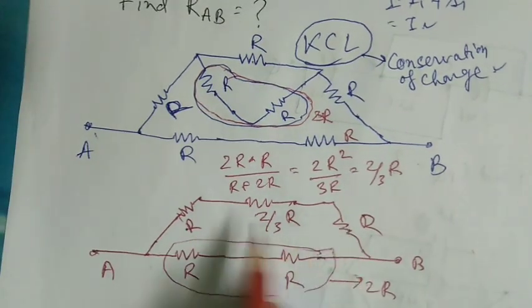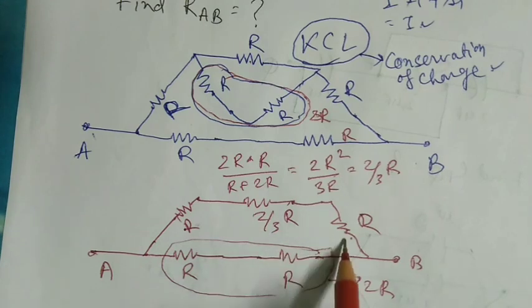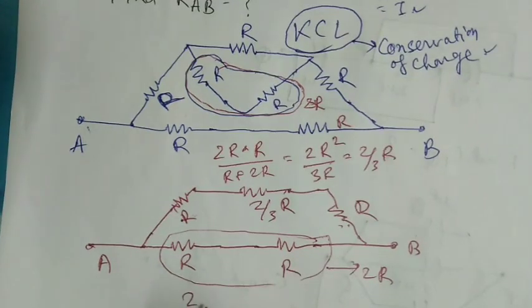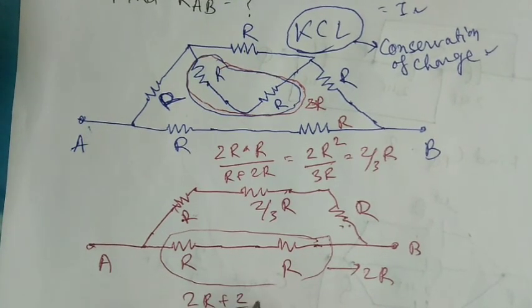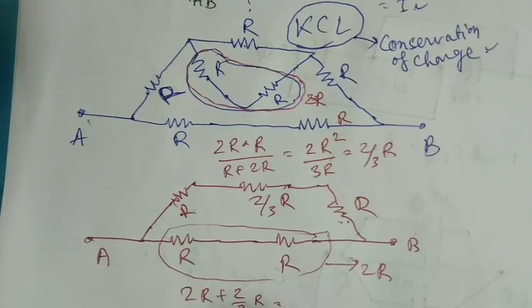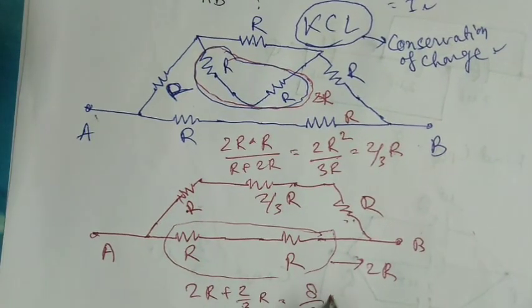R plus R is 2R, 2R plus 2R plus 2 by 3R is equal to 8 by 3R.